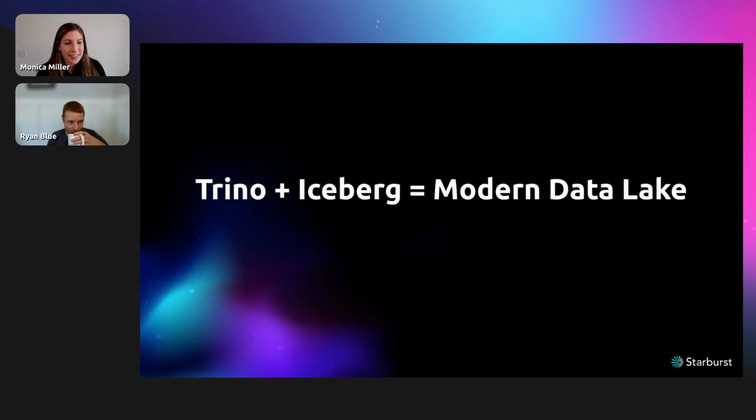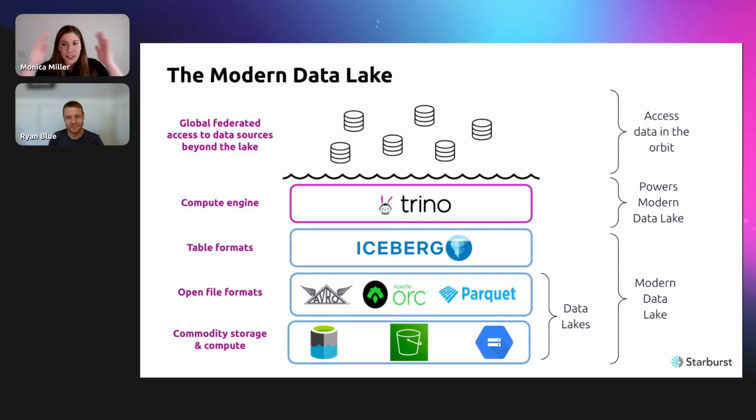Awesome. So now we're going to take you through why Trino and Iceberg equal the modern data lake. So here we have an image of your typical stack of a data lake. At the bottom, you have your object storage, and then you have those open file formats that you would use on top within your object storage.